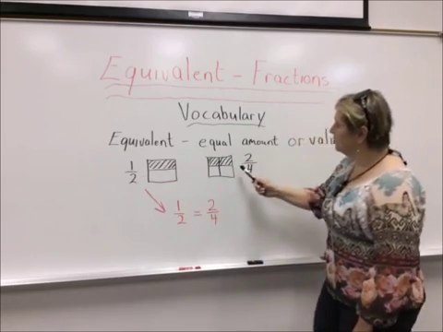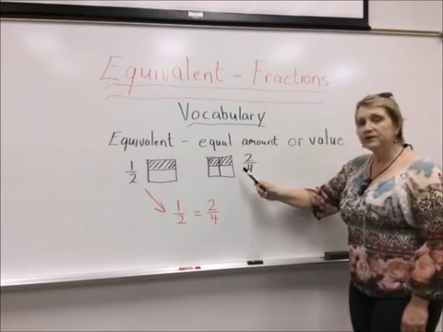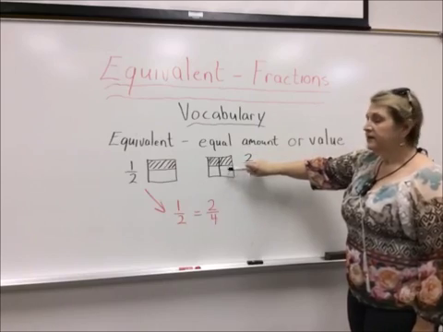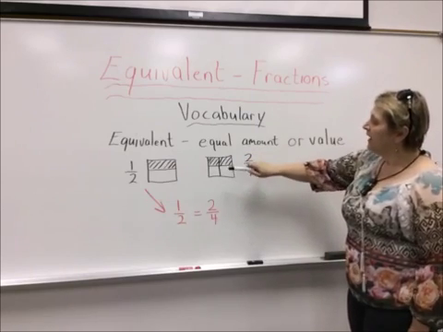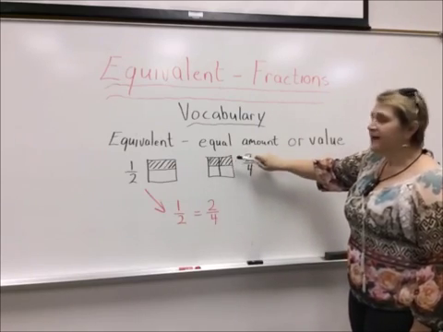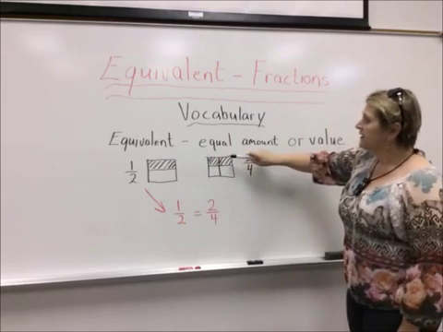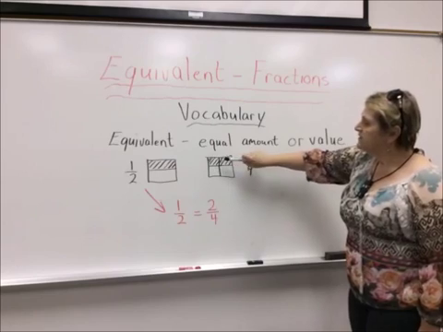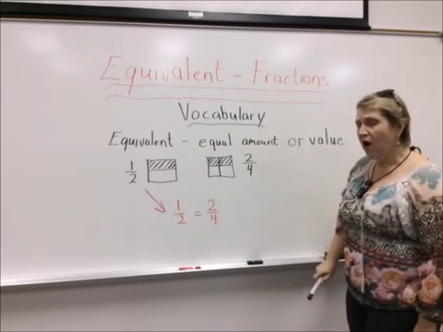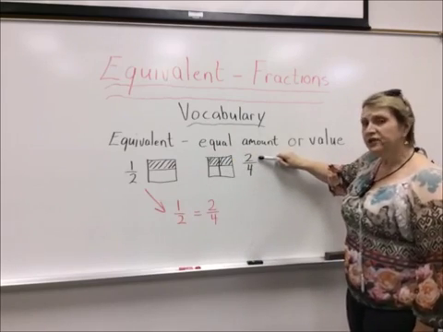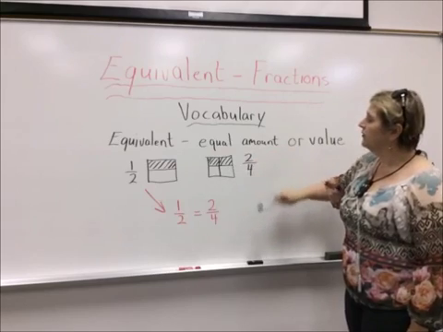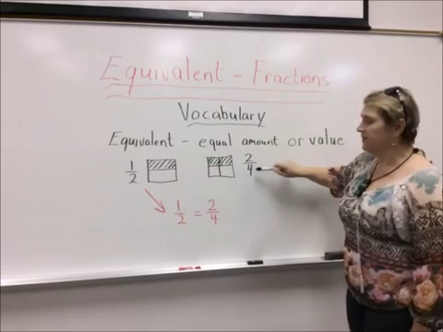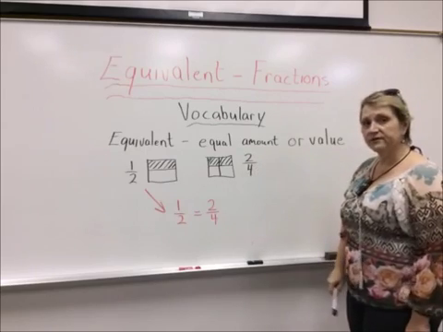Now let's take a look at the other rectangle. You're going to notice in this rectangle that there are 4 parts. So in this rectangle, you'll notice that I have about the same amount shaded in, but because this is divided into 4 parts, our fraction that represents this rectangle is 2 parts that are shaded of the 4 parts of the rectangle, or 2/4.